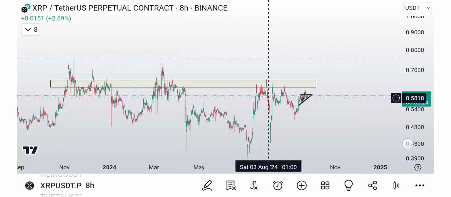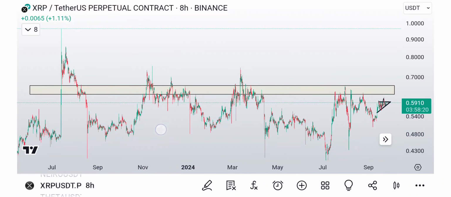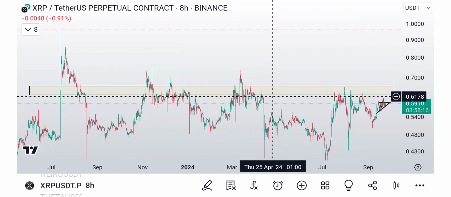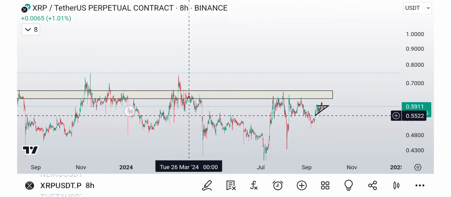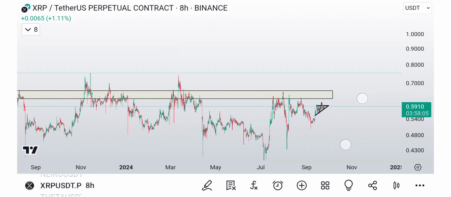There's a lot of resistance there. It's very significant because of all the trading volume, all the trading history. People don't talk about it, but XRP has a lot of trading volume, right? So if we can break above this, it's going to unleash the floodgates, and we're very close.